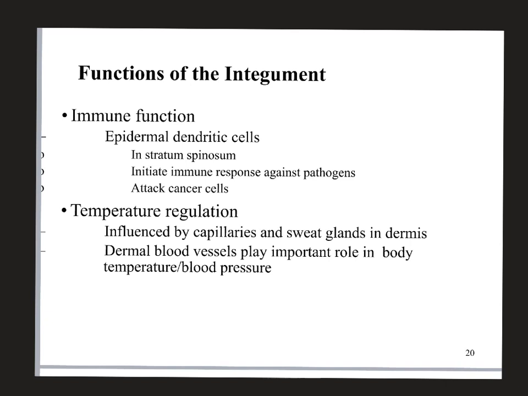Immune function. I said that the skin has an immune function, and it's basically not an immune function of the skin itself, but really of the cells that inhabit the skin layers, right? So we have dendritic cells that are found in the stratum spinosum of the epidermis. They initiate an immune response against pathogens and attack cancer cells.